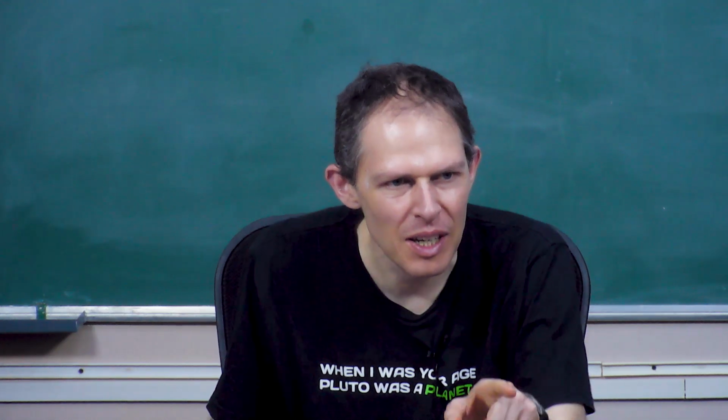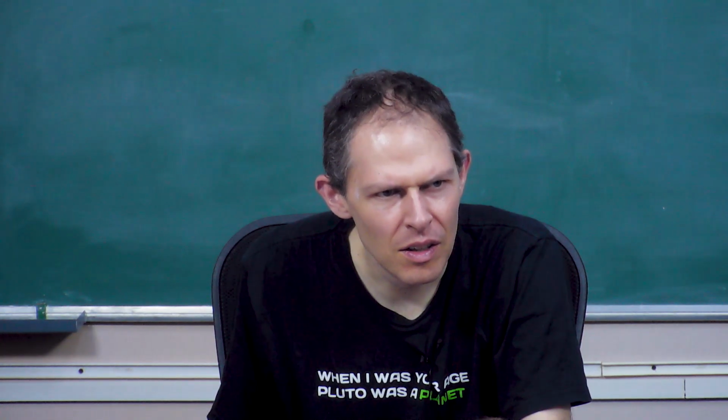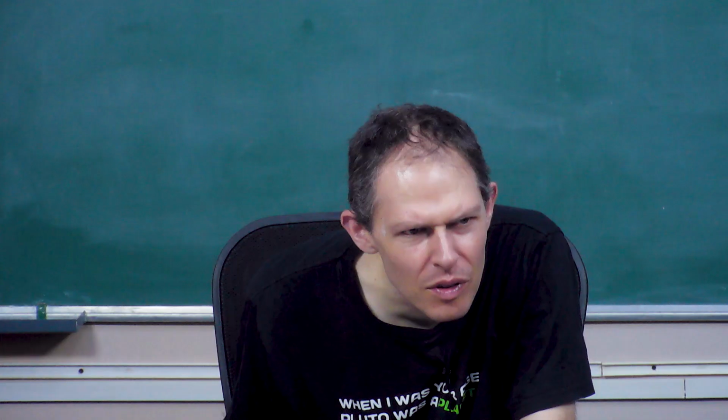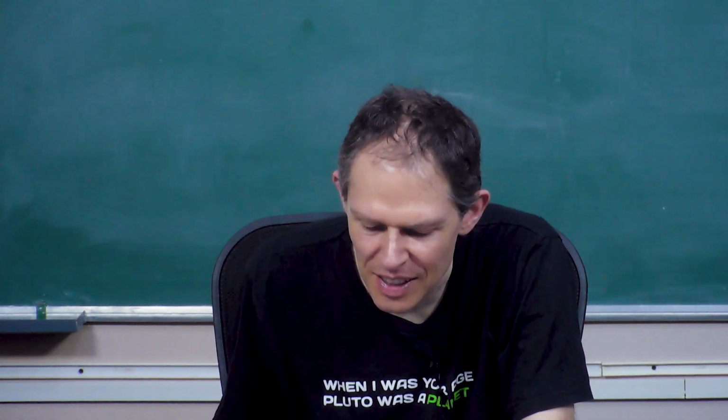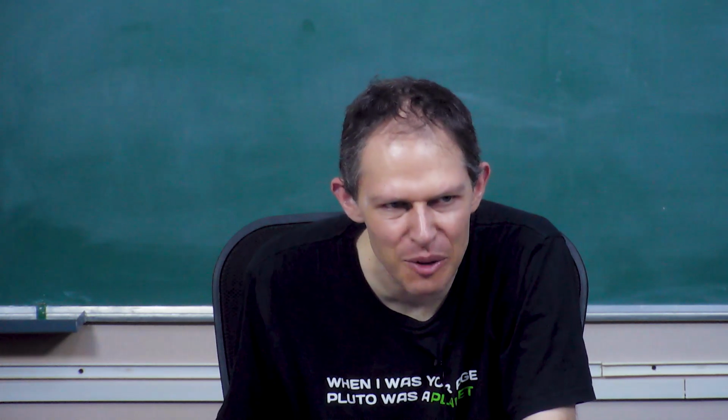You had a question. If you have a question, please use the mic. Sir, can a particle move only along the x direction? Yes, it can only move along the x direction because we said in the beginning that we're dealing with a 1D problem.